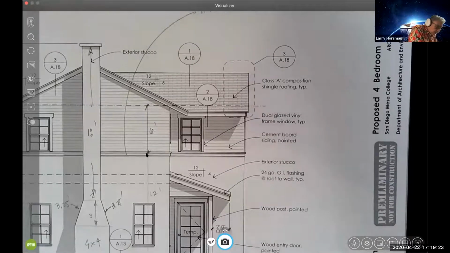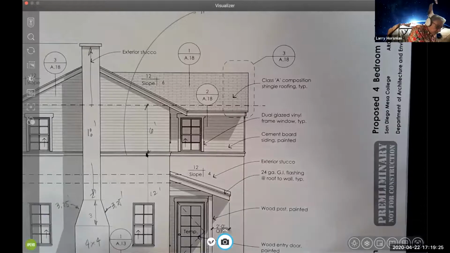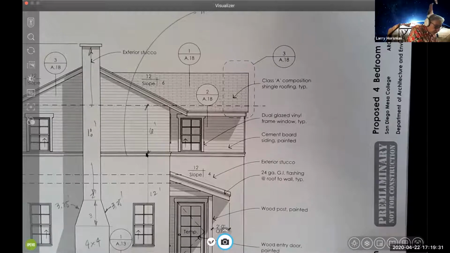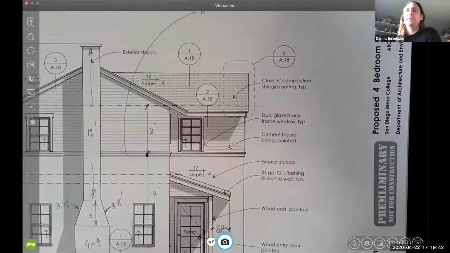So I think this actually comes up like this. As I said, we spent a lot of time trying to figure out exactly what the architect is trying to do. That's a belly board, isn't it? Or the... Well, I'm not sure.